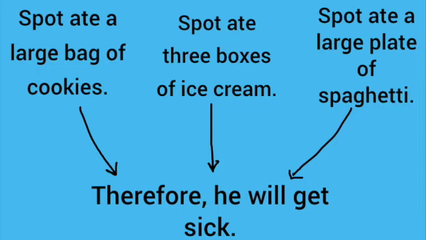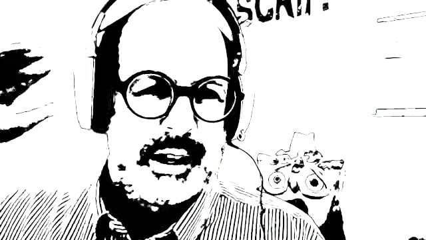You see here, in this case, I've taken the premises and there's an arrow from each premise going to the conclusion. Each premise gives the conclusion a little bit of justification. After all, eating a large bag of cookies is some evidence he'll get sick. Now, all 3 premises make the conclusion more likely than one premise alone, but even one premise counts in favor of the conclusion.